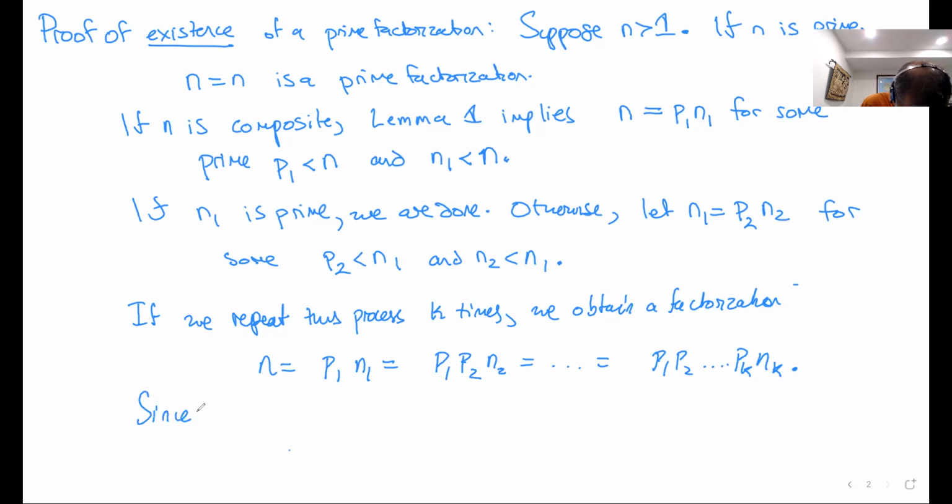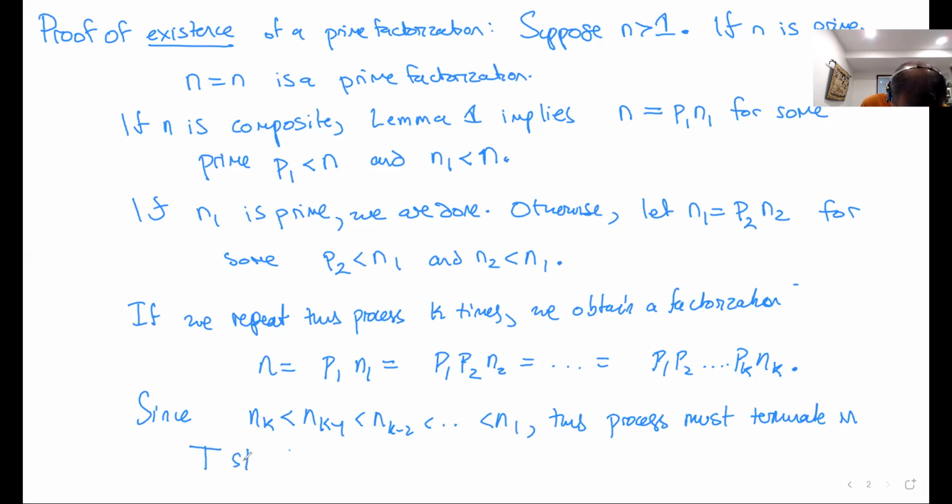So since nk is strictly less than nk minus 1, which is strictly less than nk minus 2, all the way up to n1, this process must terminate in, let's say, T steps for some T strictly less than n.